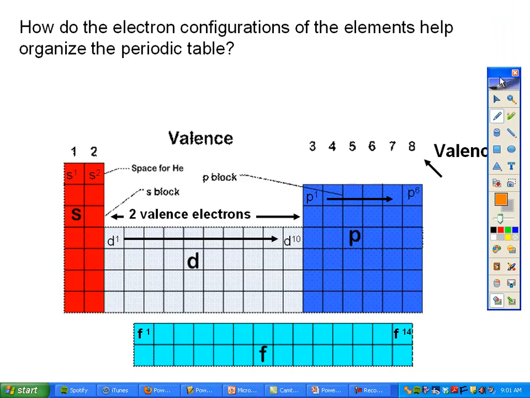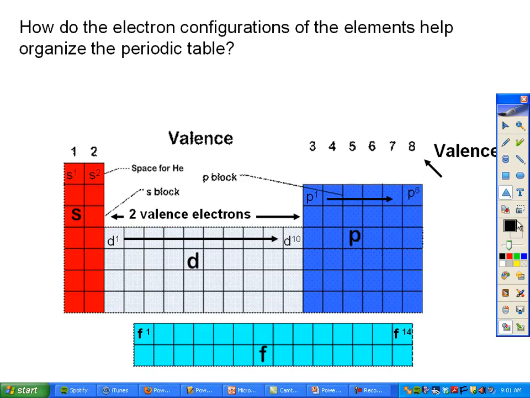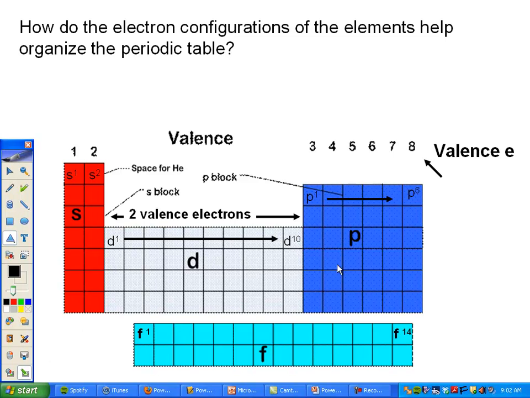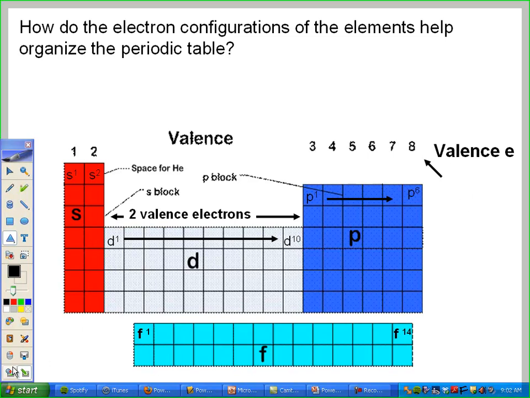Valence electrons, remember, are the only ones that do anything interesting. So if we know how many valence electrons there are, we will know how an element behaves. All elements in the same family have the same number of valence electrons.